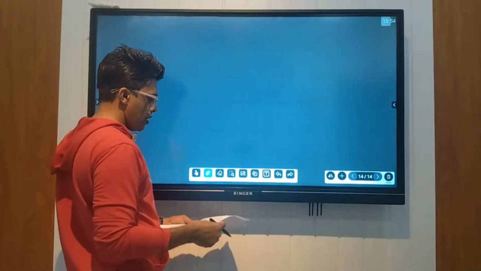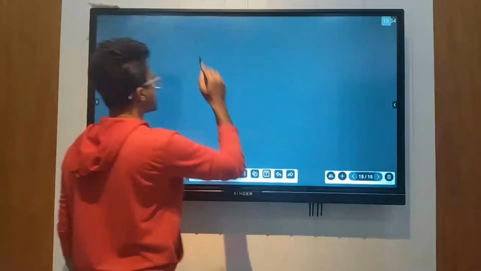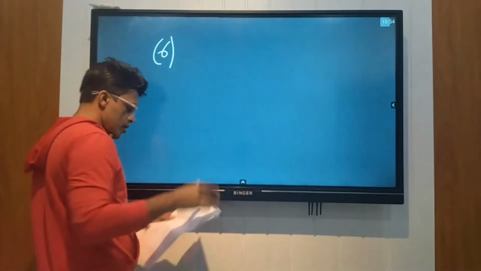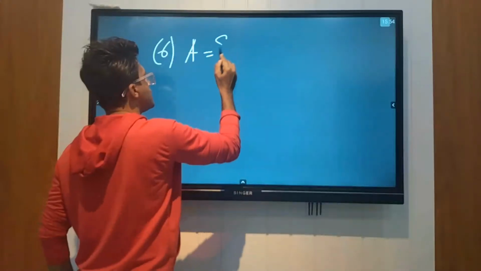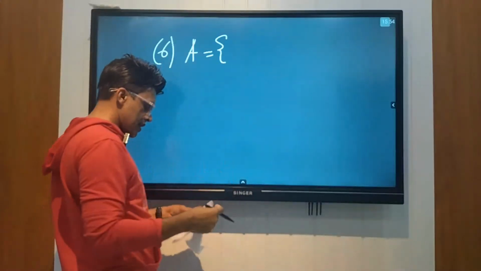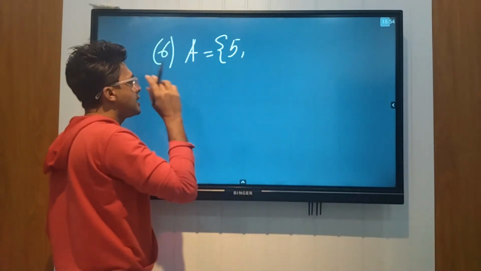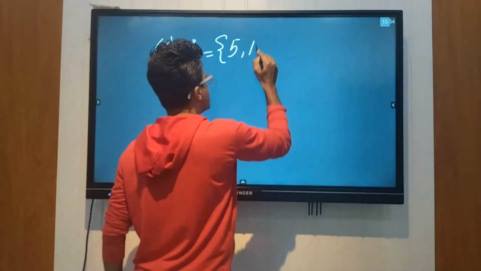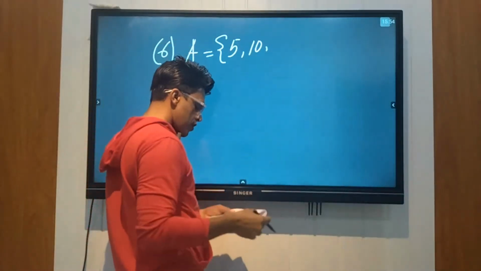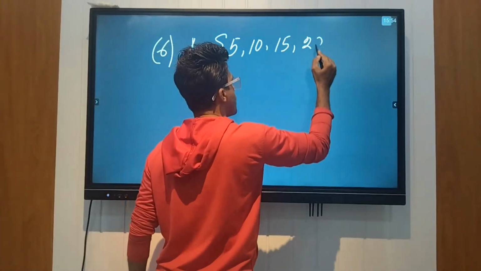So this is the sixth question here. The set A has been given, and easily, directly you are able to realize that it has given the elements of the set A here: 5, 10, 15 and 20.